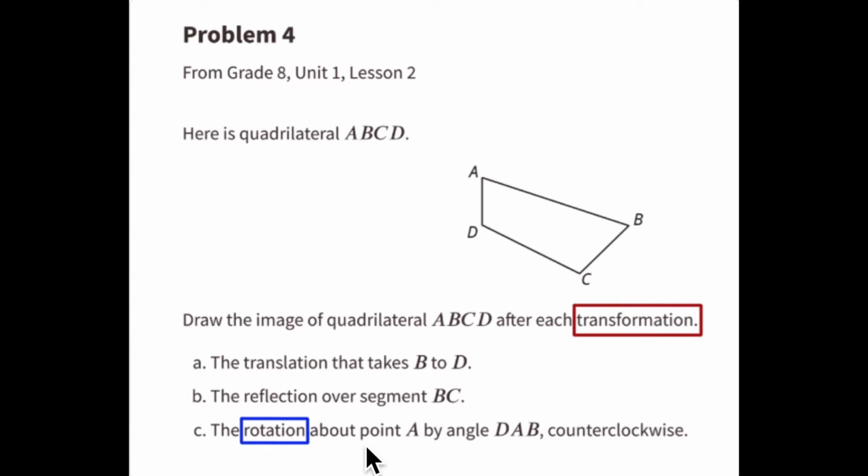The third transformation is a rotation around point A. So point A is the center of rotation, and the size of that rotation is angle DAB. And the rotation is counterclockwise, so the opposite direction that a clock moves.